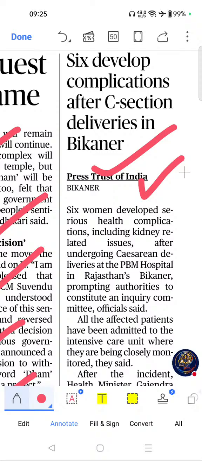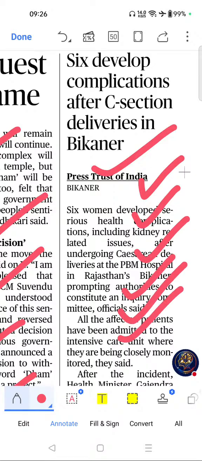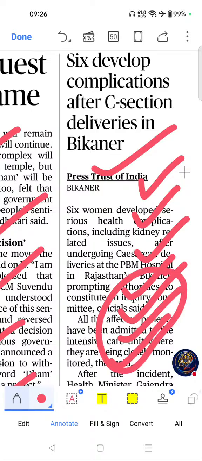Public healthcare quality remains a major governance issue and it is relevant to SDG 3, that is good health and well-being. Key themes are maternal health, public healthcare, hospital governance and healthcare quality assurance. These are the key themes related to this topic.